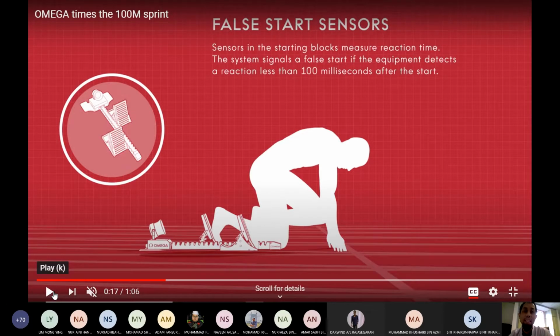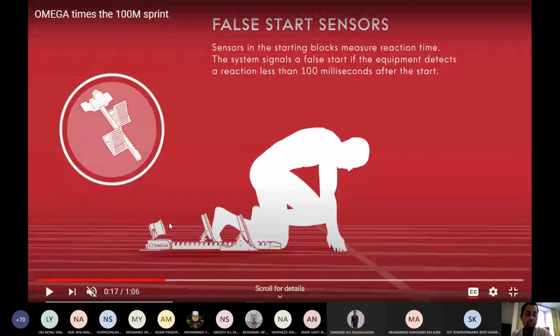Now they use sensors and will automatically trigger the false start if they move faster than the gun, even by 100 milliseconds. Okay, and you can see at the back here, every runner has their own speaker so that they can hear the sound of the gun at the same time.